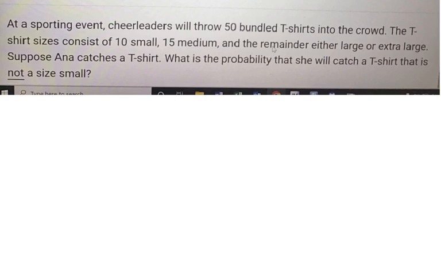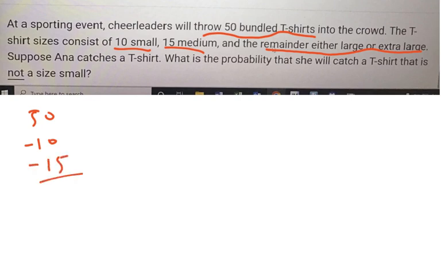On this one, we're told that we have these cheerleaders and they're going to throw 50 t-shirts into the crowd. Of these t-shirts, 10 are small, 15 medium, and the remainder are large or extra large. So the first thing you ought to think about is if I have 50 and I take away 10 small and I take away 15 medium, that leaves 25 that are large or extra large, right?